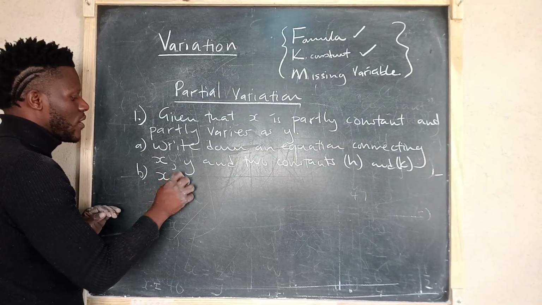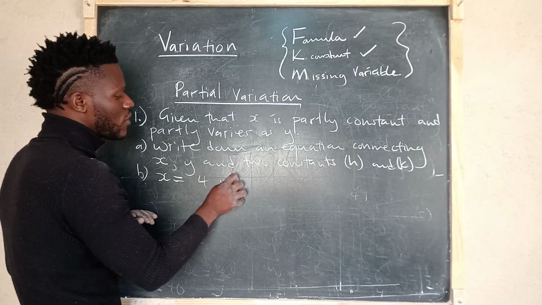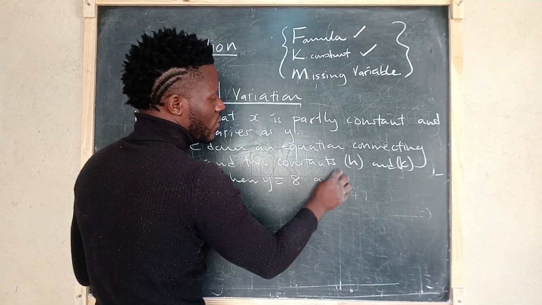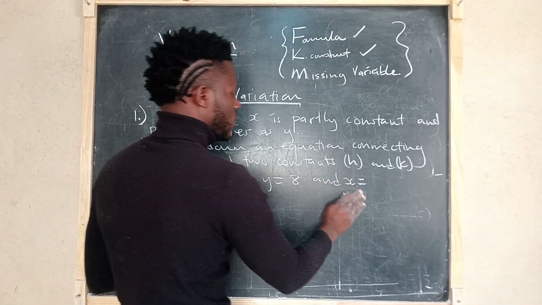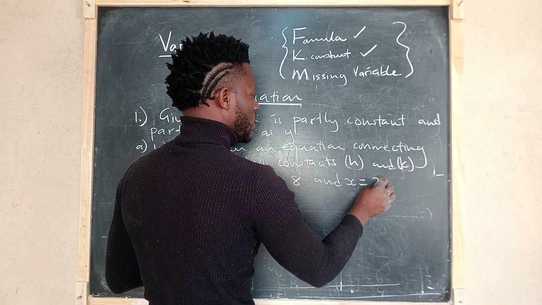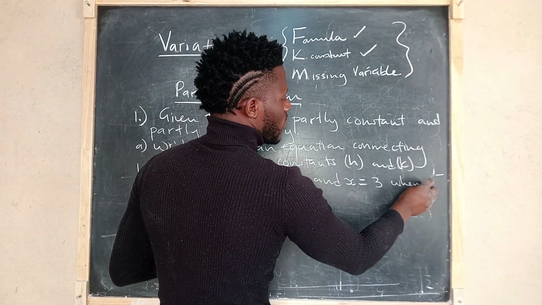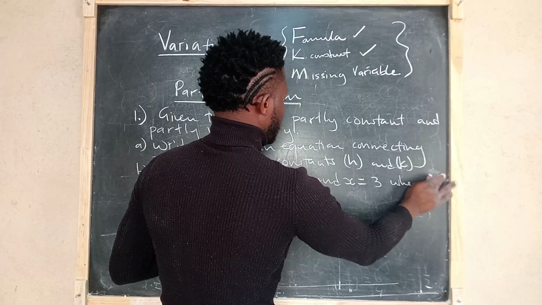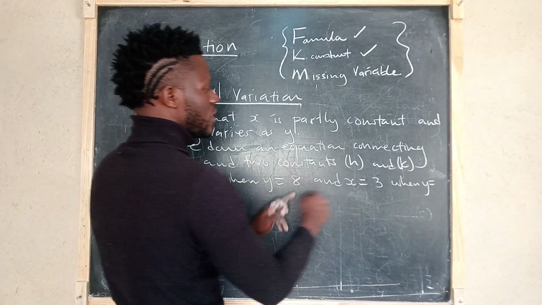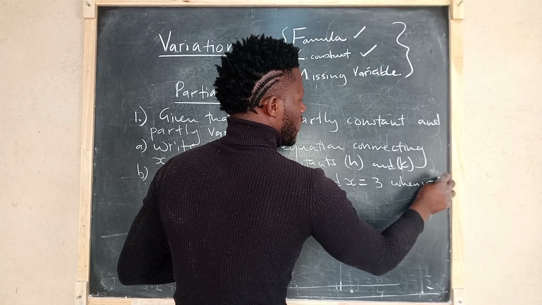Number B, x is 4 when y is 8, and x is 3 when y is 5.